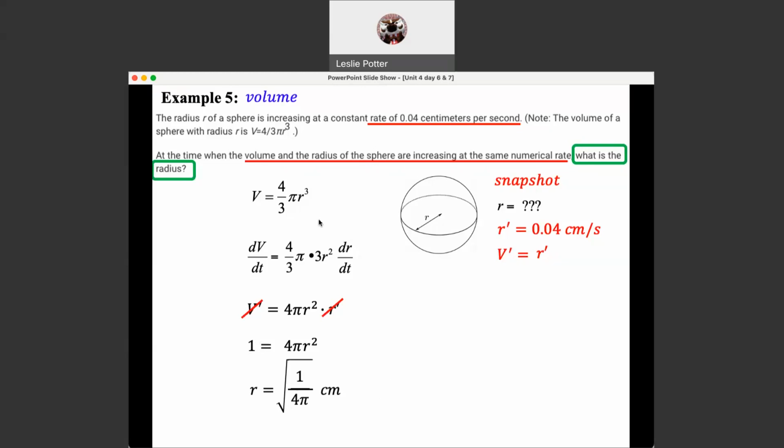A little caveat here, a little extension of this problem. This criteria here, volume and the radius of the sphere increasing at the same numerical rate, they could mix this up. They could say, hey, the volume is increasing at twice the rate of increase of the radius, where now v prime would be 2r prime.